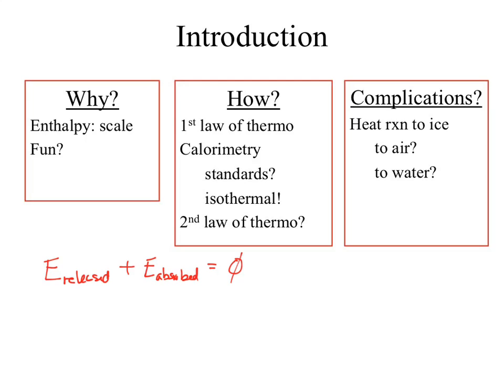So, how are we going to go about doing this? Well, the first thing we want to do is evaluate our reaction. It's a good thing I didn't put that reaction in there yet. We're going to look at the enthalpy for magnesium metal reacting with sulfuric acid.